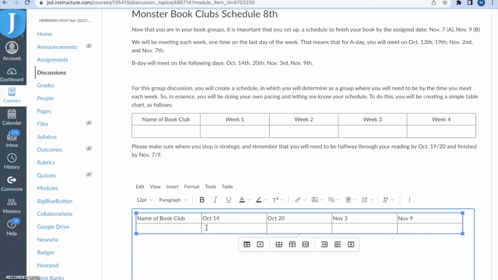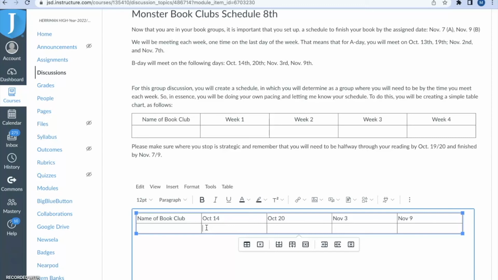First and foremost, you have a really short time to read this week. I'll give you a little bit of time today, about 15 minutes, and then you'll have about 30-ish minutes next time to read, but that's it. So we don't have a ton of time. Because of that, you want to think, maybe the first week we will read less of our book, and then we'll have to pick up the slack when we meet together on October 20th and November 3rd.